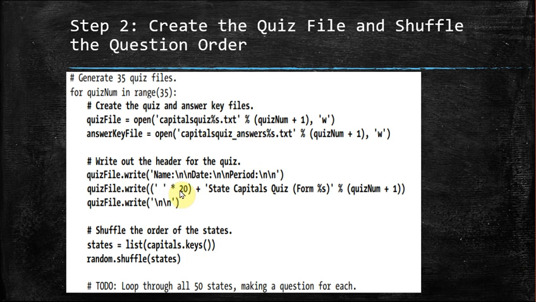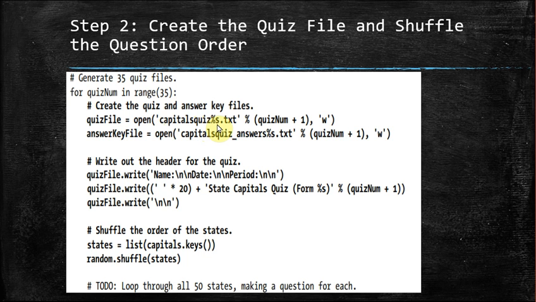Okay, so write out the header of the quiz. So in the first case, what did we do? We are going to create the two files, that is the quiz file as well as the answer key file, for each of the students. So for each of the 35 students, one quiz file as well as one answer key file should be generated. For that you're using the open function, and capitalsquiz is nothing but the name of the file.